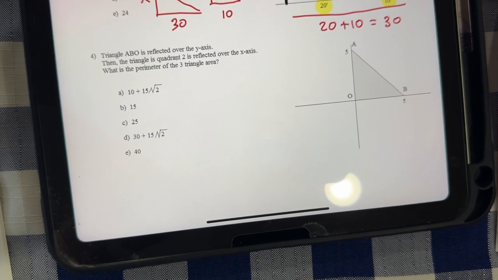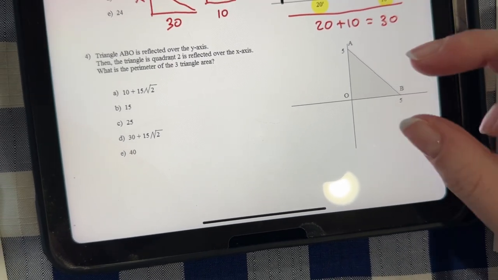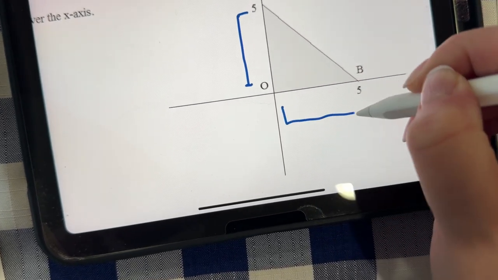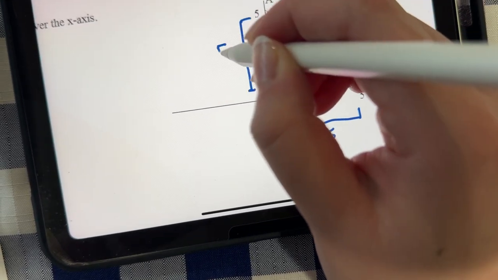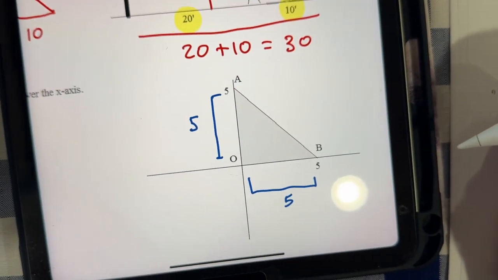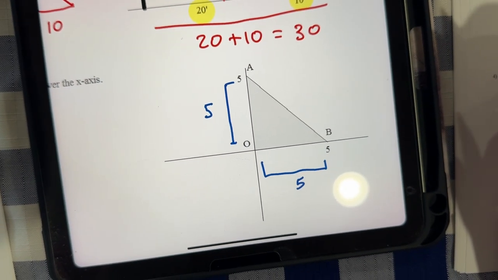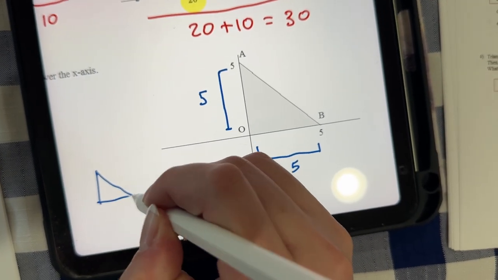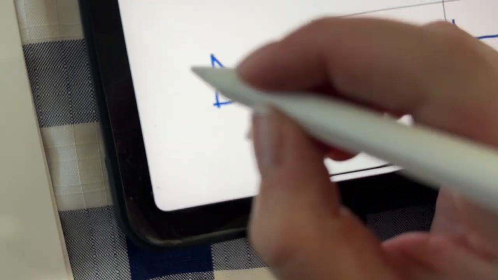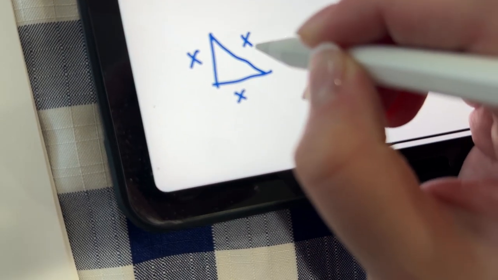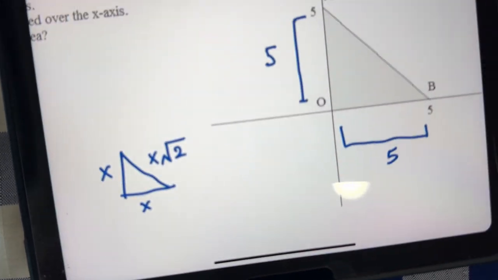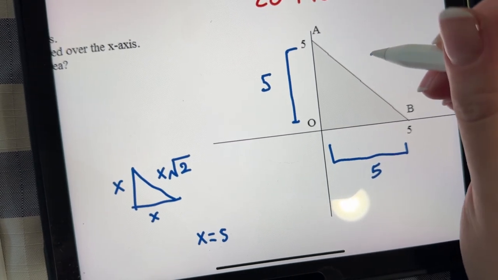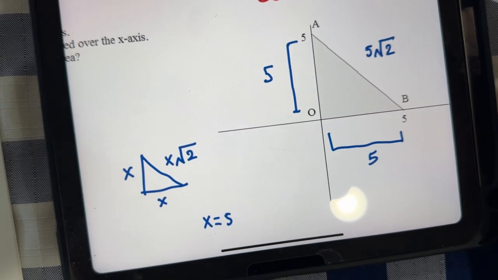And we also can tell what kind of triangle this is because both sides are the exact same length, 5 and 5. We only have this in isosceles triangles, isosceles right triangles to be exact. What that means is if this is an isosceles right triangle, we have x and x and x root 2. Now x in this case is 5, so by default, this side will be 5 root 2.